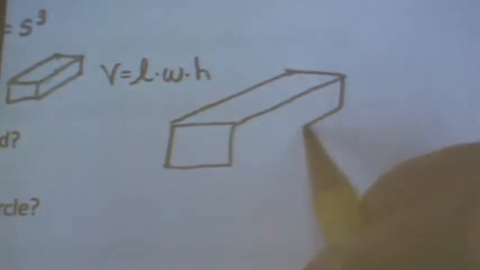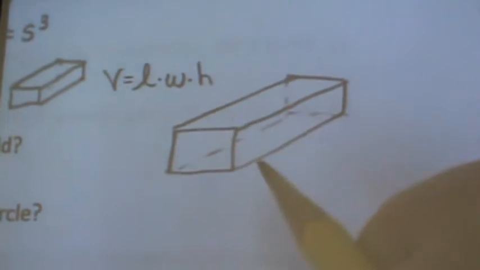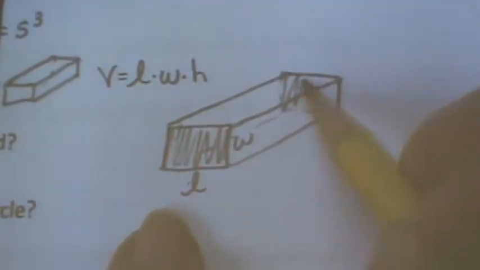Surface area. I'm going to draw a box here. You know what surface area is? So think of the cardboard, like a shoebox. And if I want the surface area, I just want the outside. So this is length times width. How many of these length times width do you have? Two.